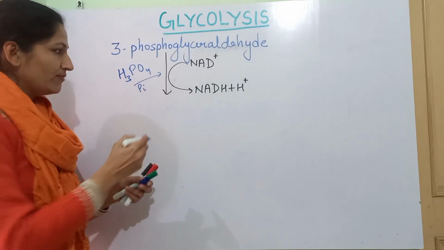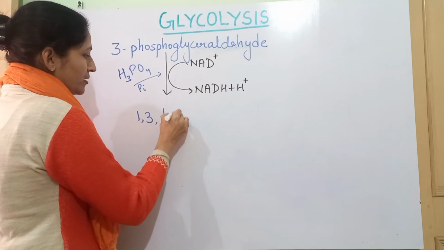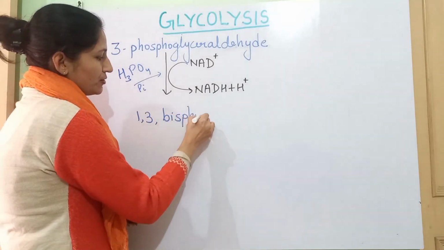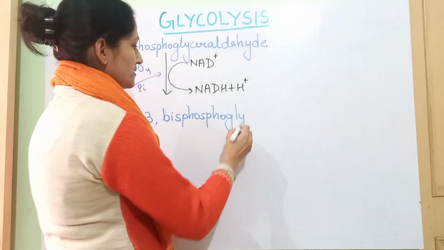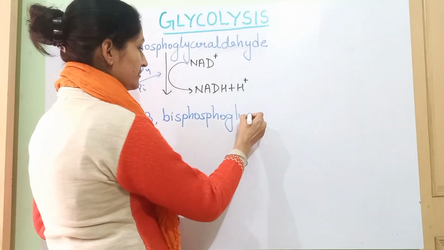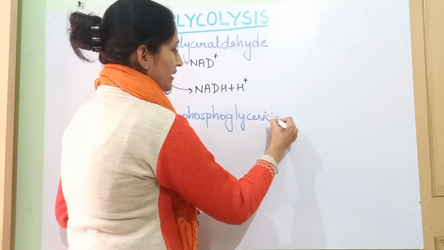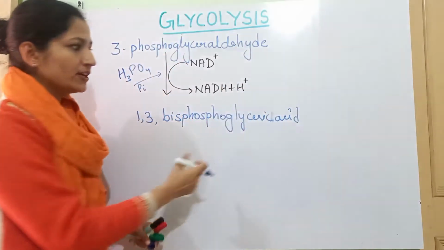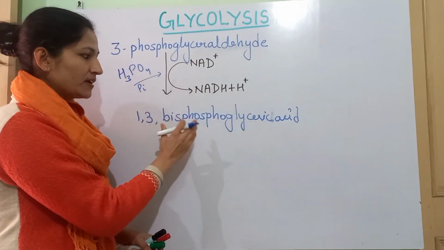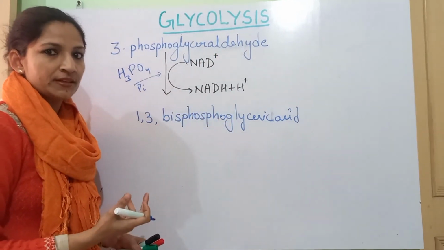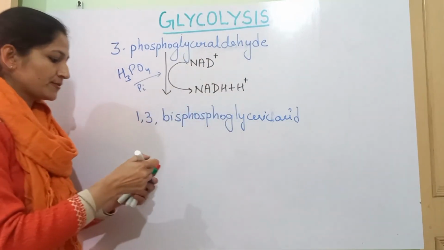So this molecule will be converted into 1,3 bisphosphoglyceric acid or glycerate. Glyceric acid, because when an aldehyde gets oxidized, then acids are formed. So this is glyceraldehyde, it becomes phosphoglyceric acid. Okay, the same we have read in the C3 cycle also, the reverse of this.